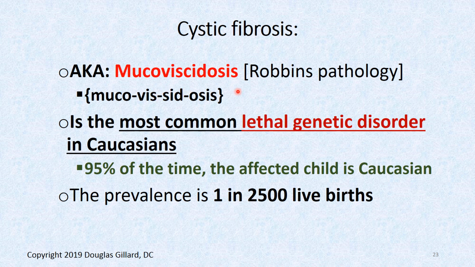This is a really nasty disease. It's the most common lethal genetic disorder in Caucasians, period. 95% of the time, when you go to a hospital and start picking out cystic fibrosis patients, 95% of them are Caucasians, white people. Prevalence is 1 in 2,500 births.